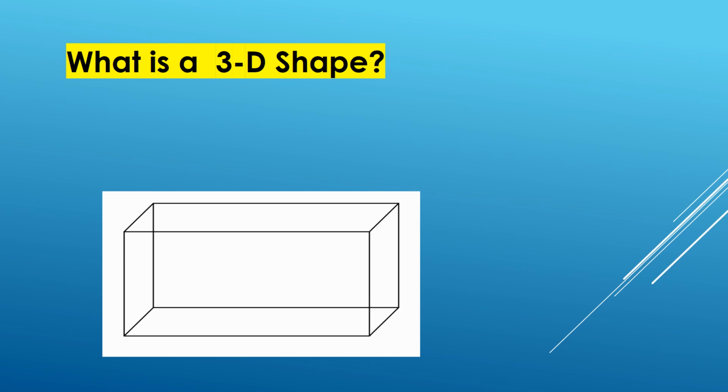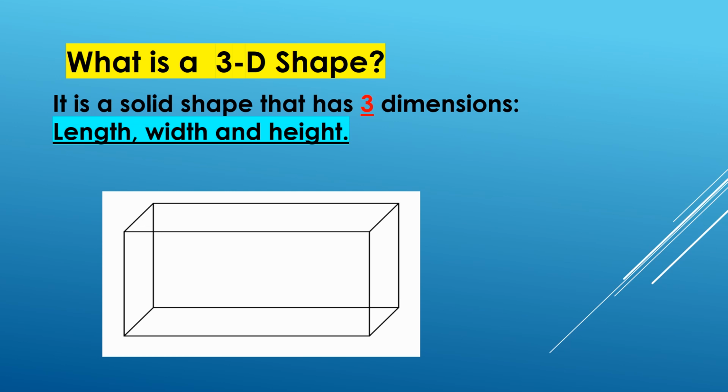Now, what is a 3D shape? I want you to look at this shape, and as you notice, it's different than a rectangle. It's similar to a rectangle in a way, but there is an additional part in that. Remember that a 3D shape is a solid shape that has three dimensions: length, width, and an additional dimension which is height. Let's see.